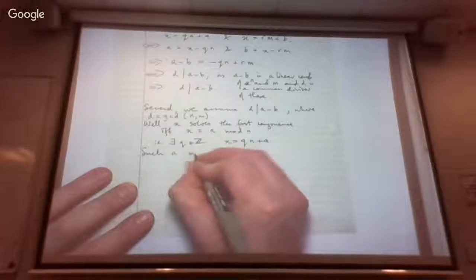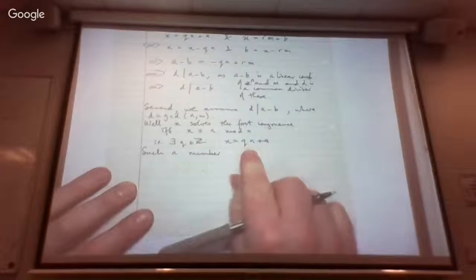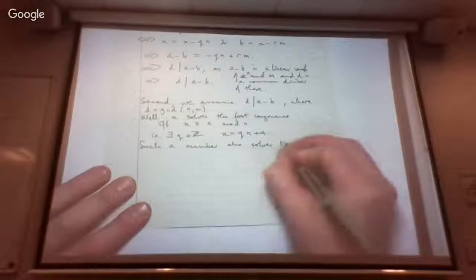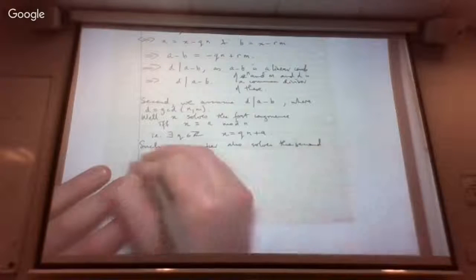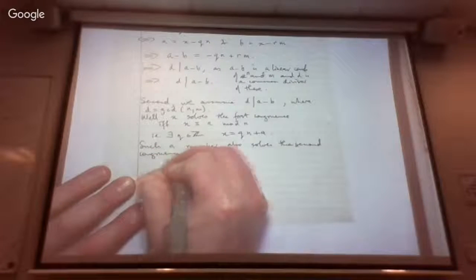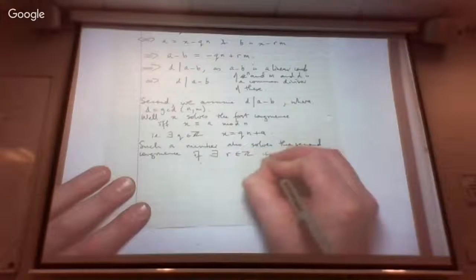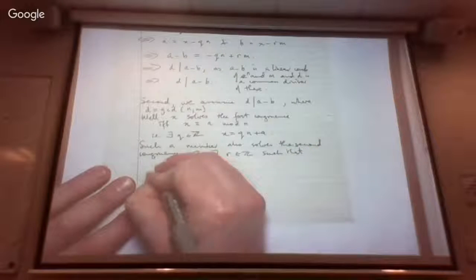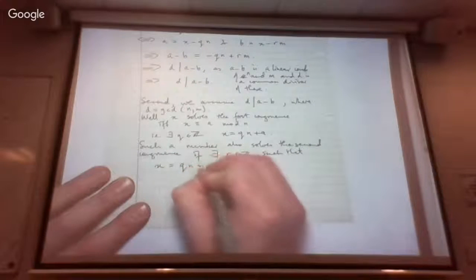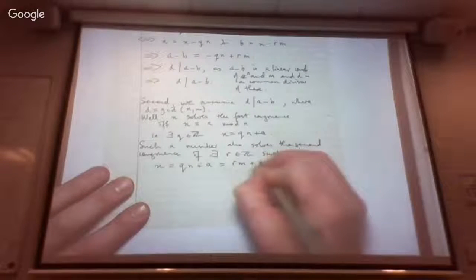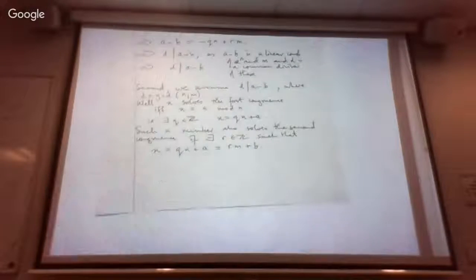Such a number, qn plus a, also solves the second congruence if there exists an r in the integers such that this x, which is congruent to a modulo n, is also congruent to b modulo m. So in other words, if qn plus a is equal to rm plus b.